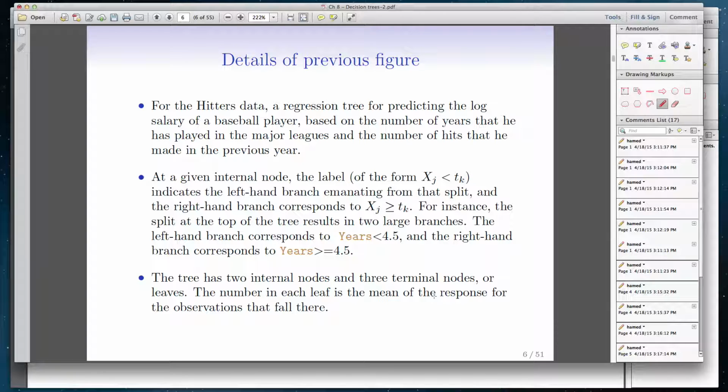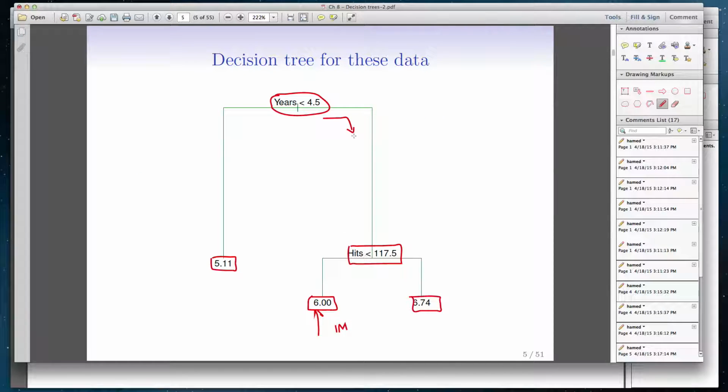So for this hitters data, by the way, there's one more point I wanted to make, and that is, whenever you draw a tree, we have several branches here. So we have end nodes. These guys are called terminal nodes or end nodes. Each one represents one region.